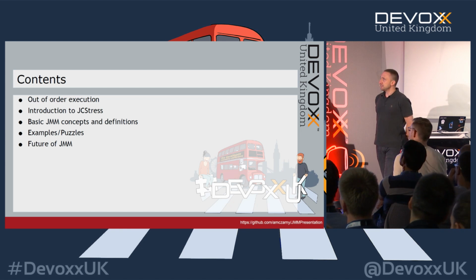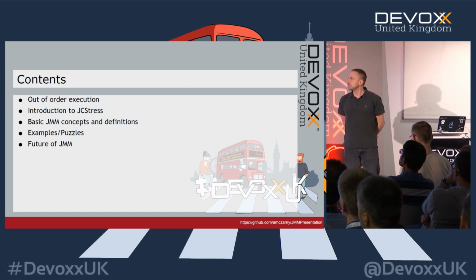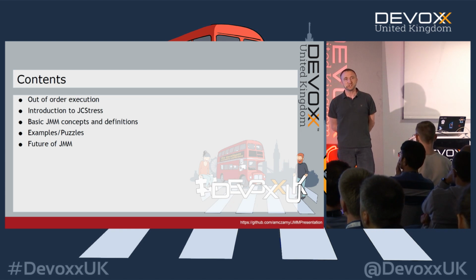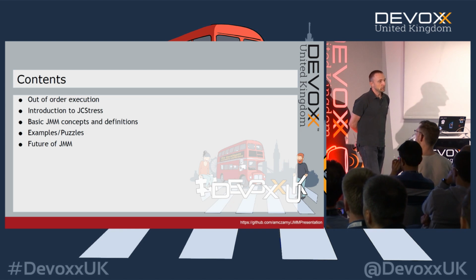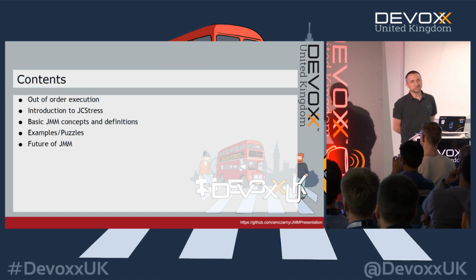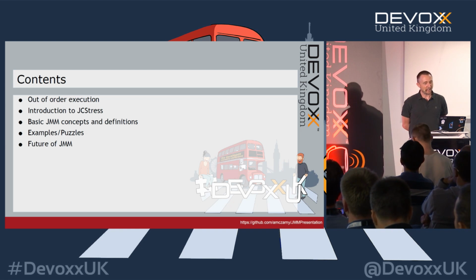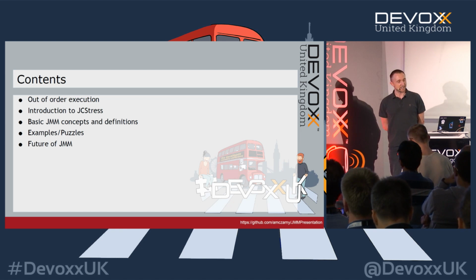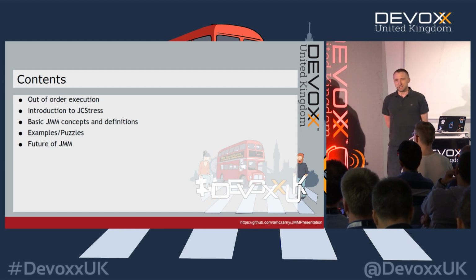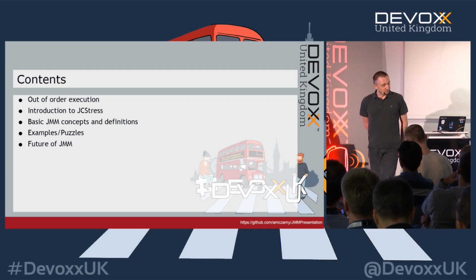Then we will have some basics of JMM, and try to understand some concepts and definitions. Finally, we will go to some examples and puzzles, trying to test our knowledge. And we will have one slide about Java Enhancement Proposal 188, and some modifications which are required for the Java memory model.